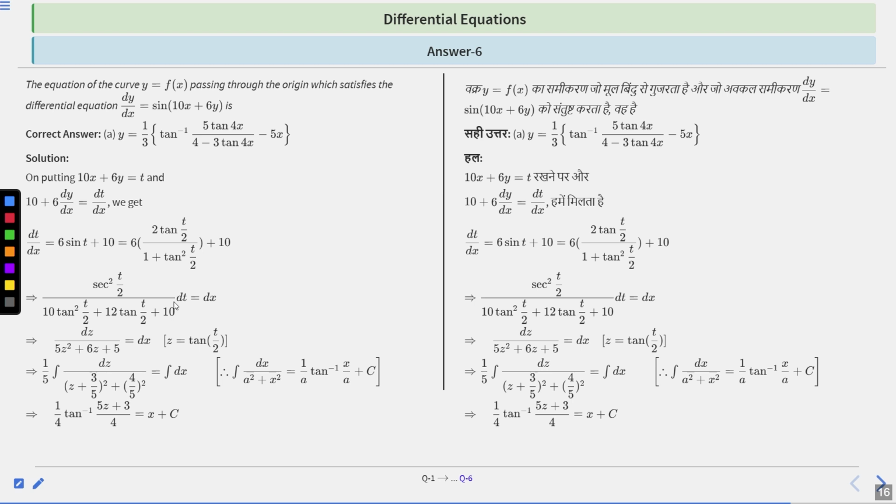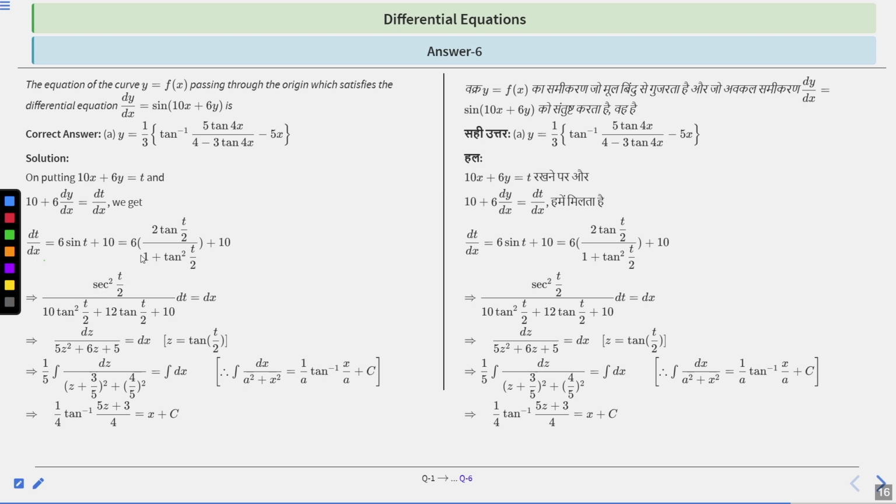Right. Now what you can do, you can write sec square t by 2 upon 1 plus tan t by 2. By cross multiplying, x will go to the other side and all the t terms will go with dt.